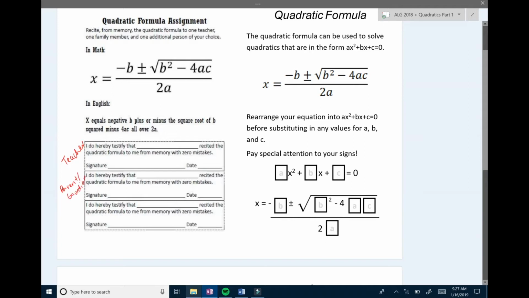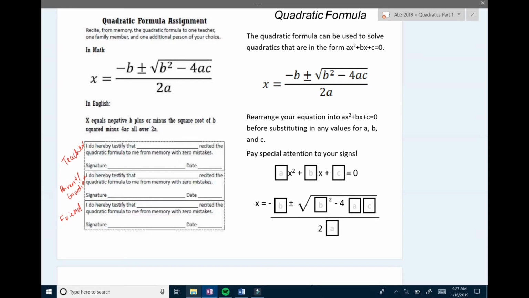And the last one can be of your choosing, so a friend or another teacher, anybody that you want. So it has to be 3 people. One has to be a teacher or an administrator. The next has to be a parent or a guardian or a brother or sister. And then the last person is a friend or somebody of your choosing.